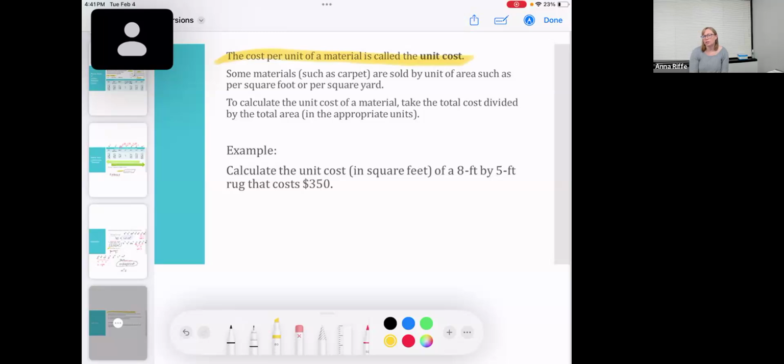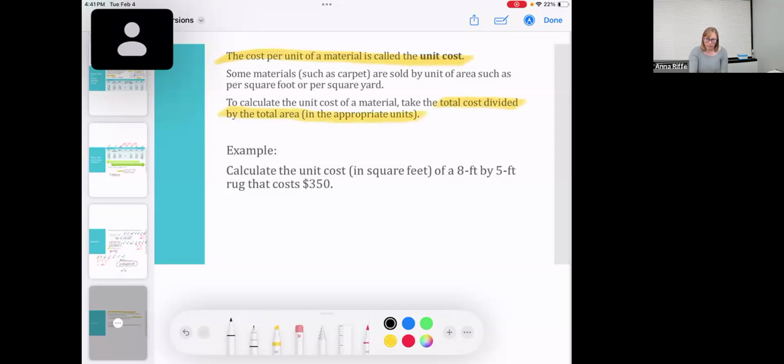And there's a lot of material like carpet that is sold by units of area, such as square foot, square yard, etc. If we want to calculate the unit cost of a material, then we generally will take the total cost of however much we're purchasing, and we divide that by the total area in the appropriate units.